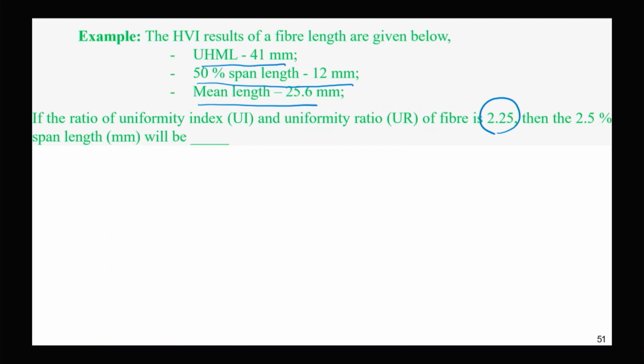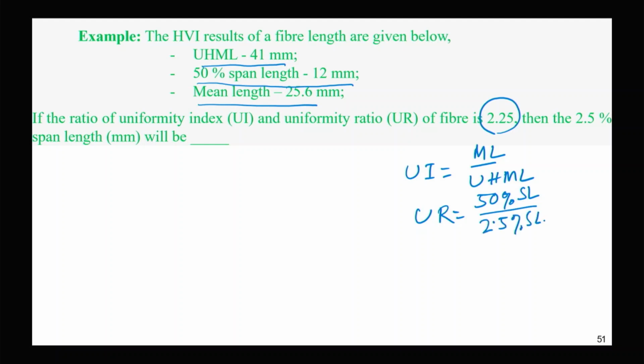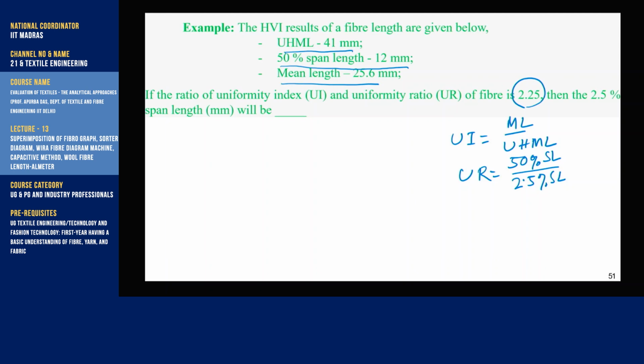The uniformity index is mean length by upper half mean length, and the uniformity ratio is 50% span length by 2.5% span length. The ratio of uniformity index and uniformity ratio.